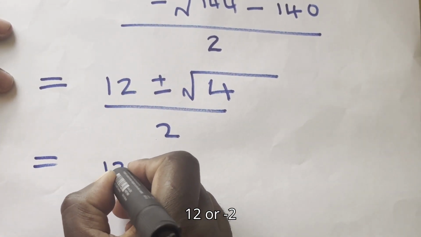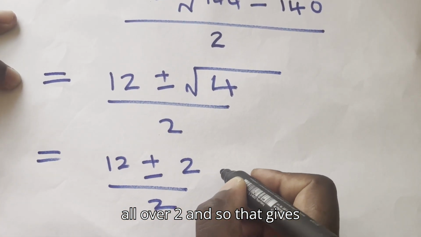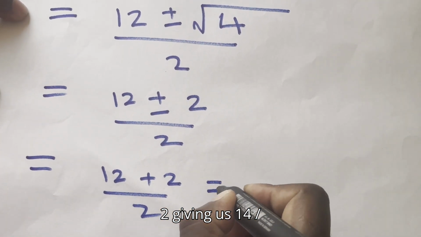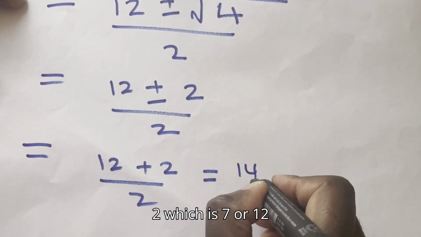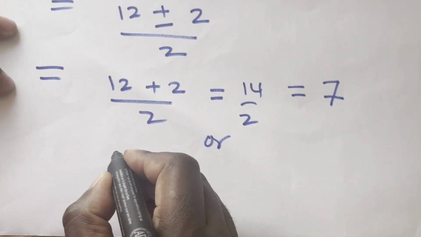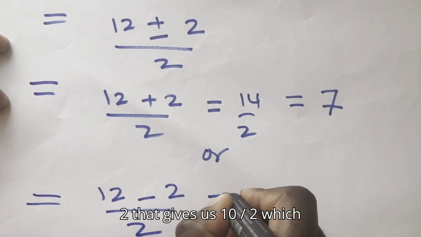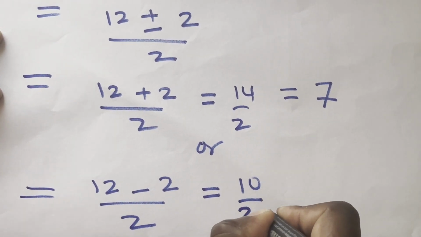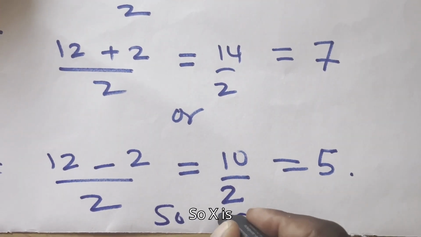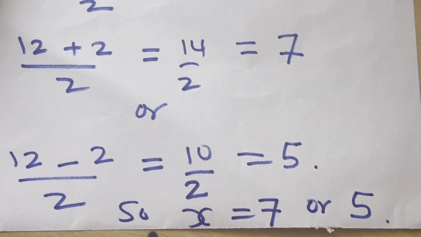Now we do have 12 plus or minus 2 all over 2, and so that gives us 12 plus 2 all over 2, giving us 14 over 2, which is 7, or 12 minus 2 all over 2, that gives us 10 over 2, which is 5. So x is equal to 7 or 5.